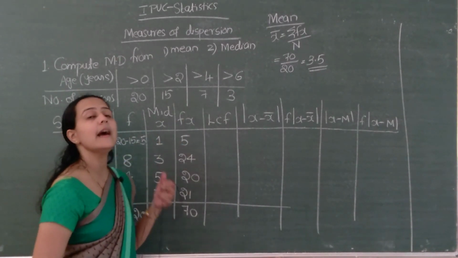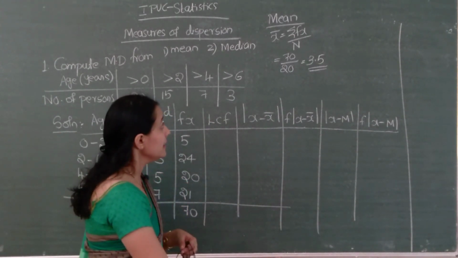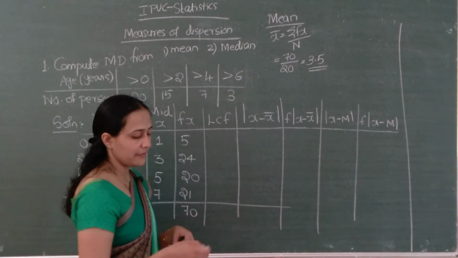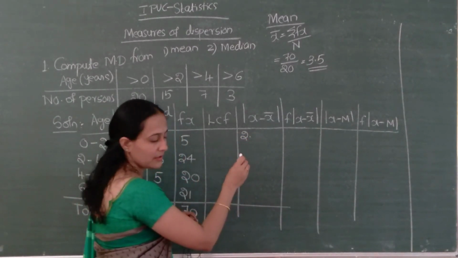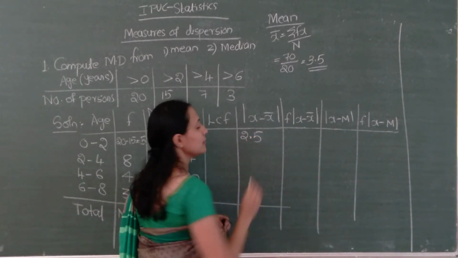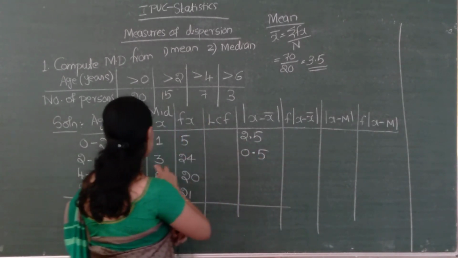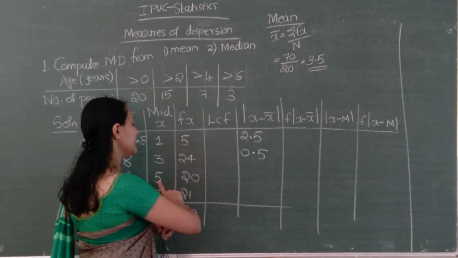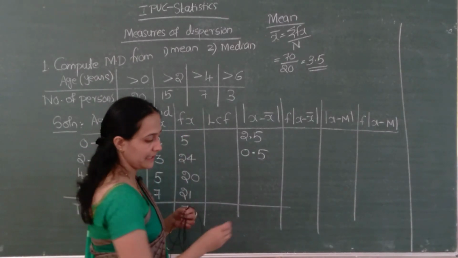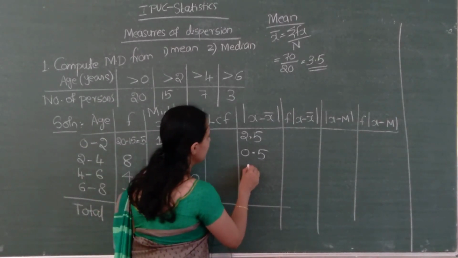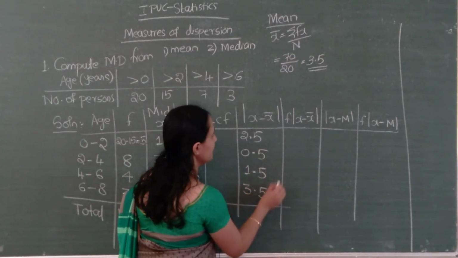We have to take absolute deviations, so don't put the sign. 1 minus 3.5 is actually minus 2.5, but we are taking only 2.5 because we are not taking into consideration the sign. Next is 0.5, that is 3 minus 3.5. Next 5 minus 3.5, 7 minus 3.5, like that. 0.5, next 1.5, next 3.5.